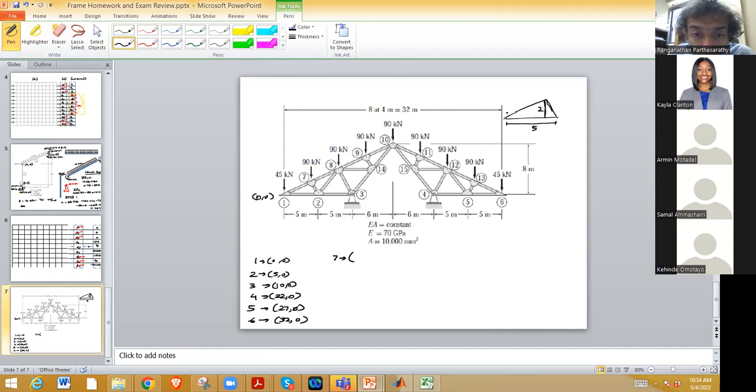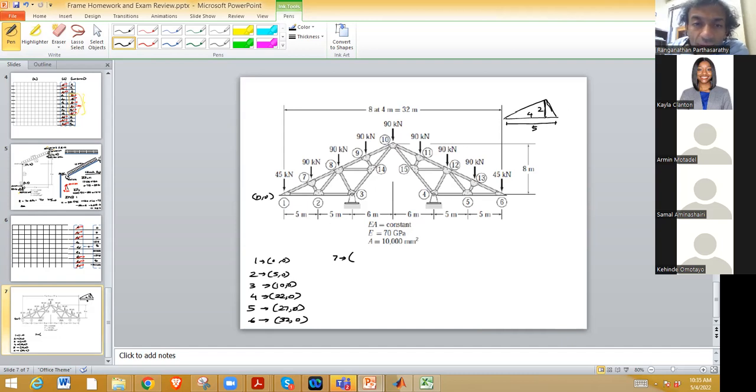Okay. And this is 8 at 4 meters. So let's see how many supports we have. 1, 2, 3, 4, 5, 6, 7, 8. Okay, so this is 4.